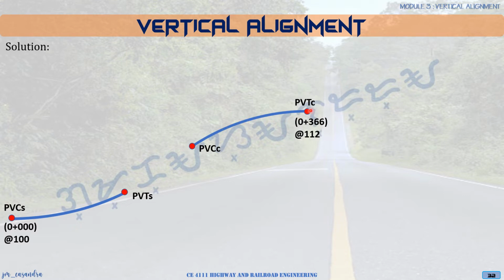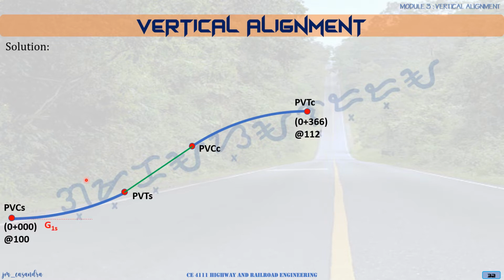And we have the vertical tangent of the curve at 0+366 and elevation of 112. So the tangent point of the sag will be connected to the tangent of the crest curve. So this will be a common grade to them.